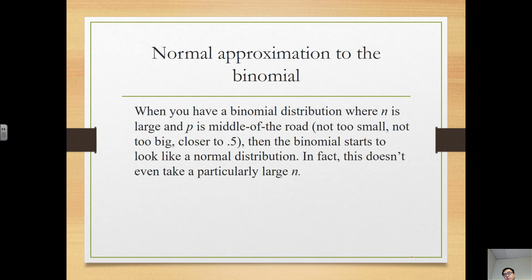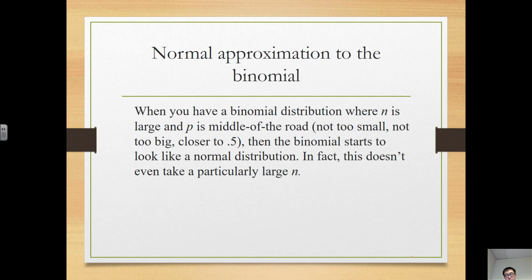The last part of this lecture is to tell you how to use the normal approximation to the binomial. We learned the binomial distribution before, so hopefully you all remember what it is. Suppose you have a binomial distribution where n, the sample size, is large, and p is the probability of success in each trial.